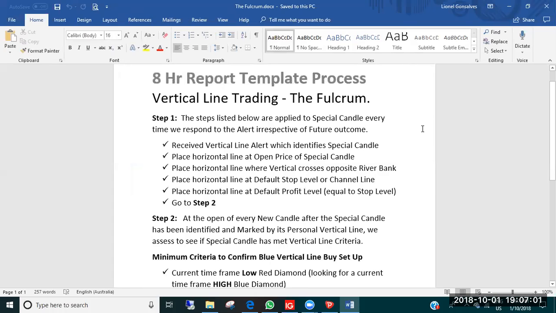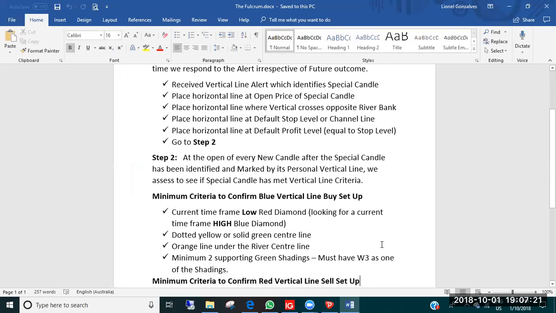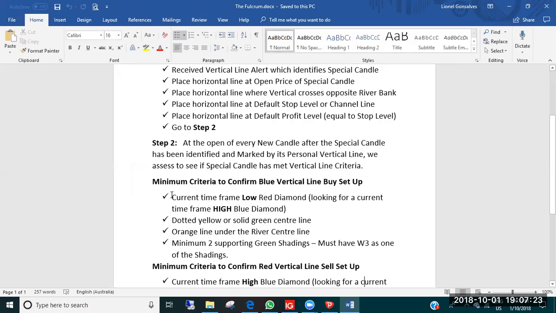The new wordings that are going to come with it will tell you to do step 1 of the Fulcrum, which means to draw the lines. And as you can see from the alert that we get from the diamonds, it'll say manual exit point, question mark, current low time frame diamond.